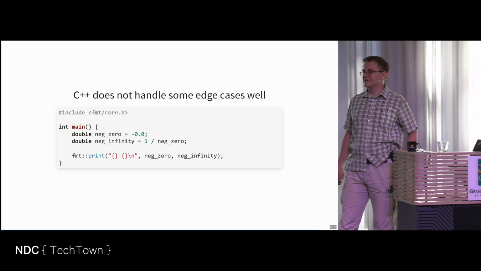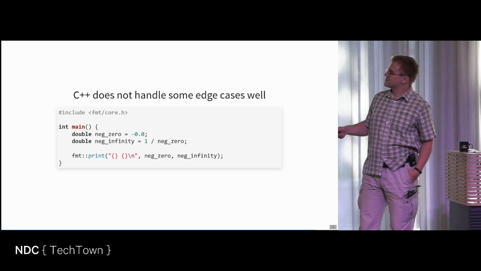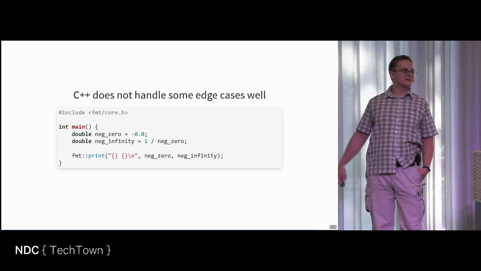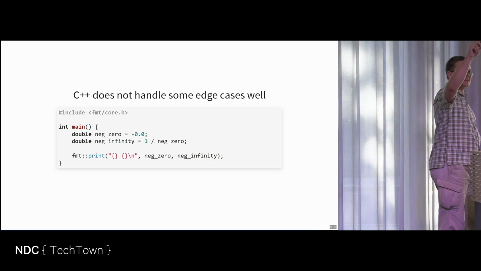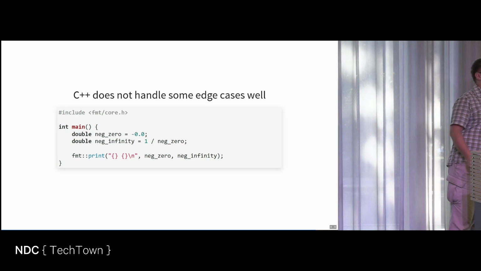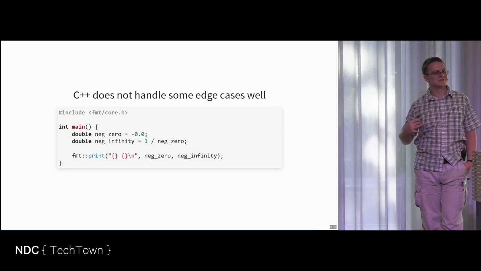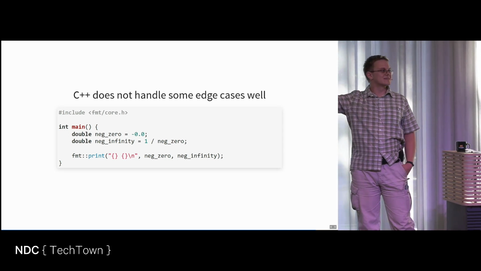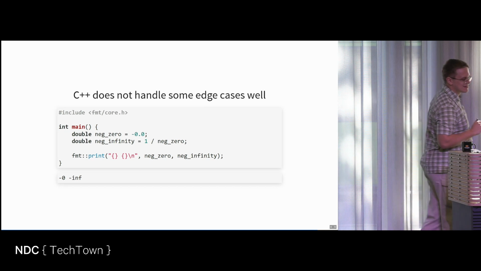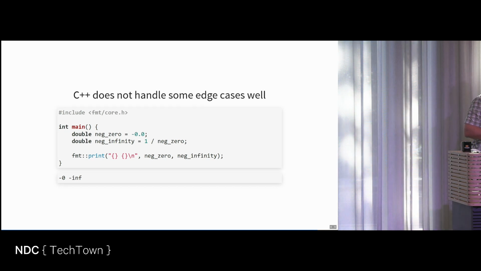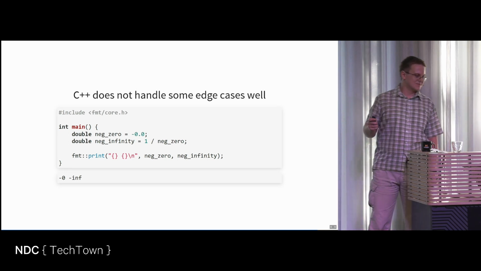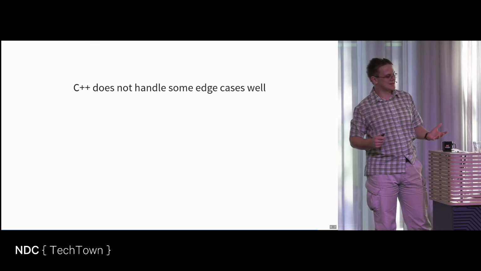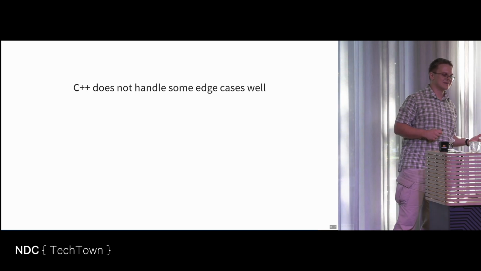Before I show what it prints, who here thinks that this will print negative 0, negative infinity? Okay, we have some votes for yes. Who thinks that this will also print positive 0? No takers. And you are correct. This does do the right thing. We do get minus 0, minus infinity. So what's the issue? Why did I say that C++ also has issues here?